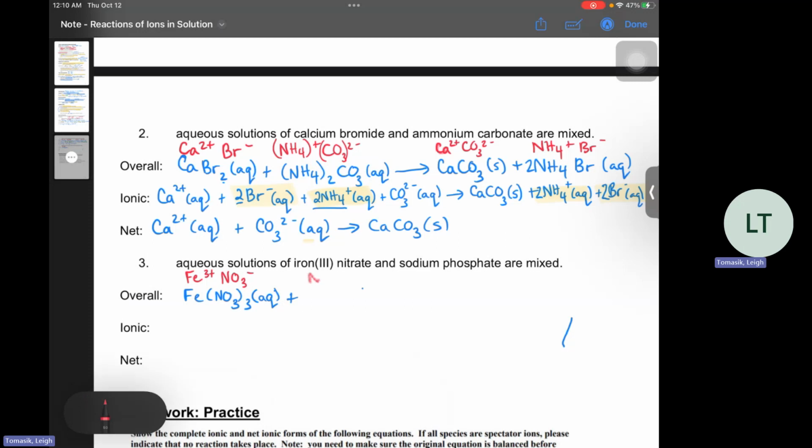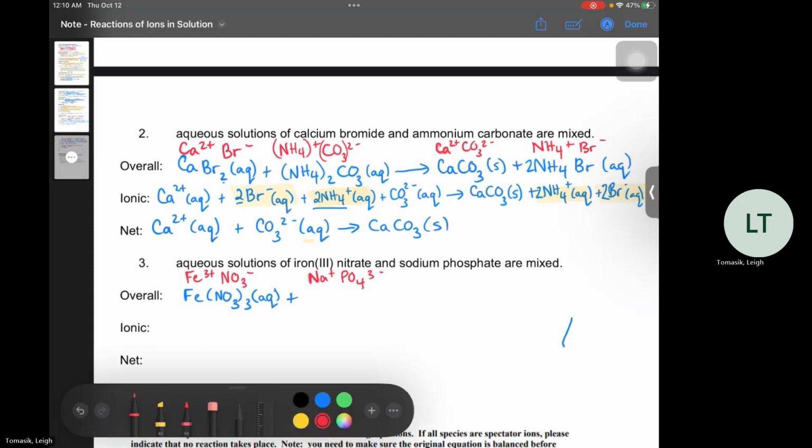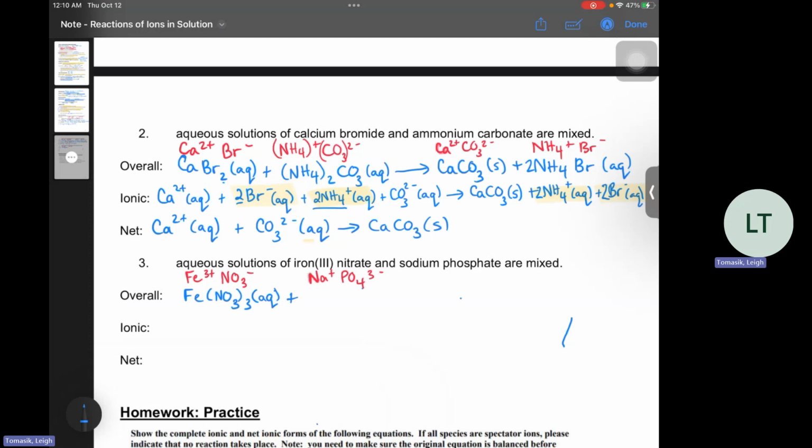Sodium is Na plus, and phosphate is PO4 3 minus. Crossover rule, we get Na3PO4, also aqueous.